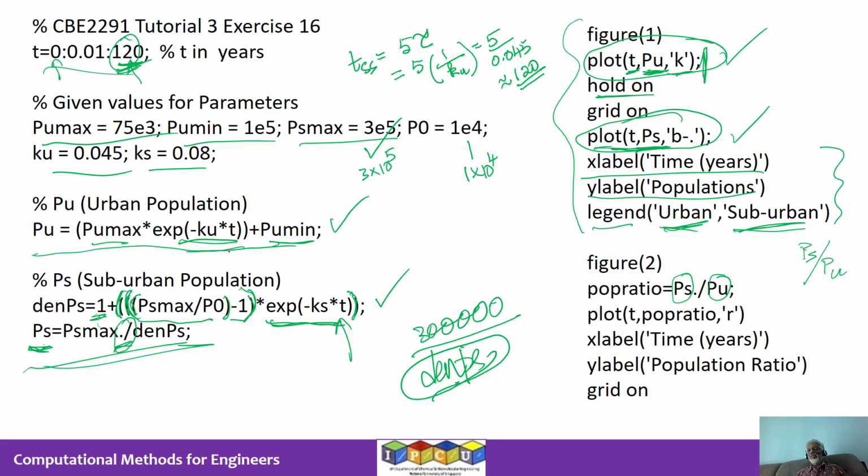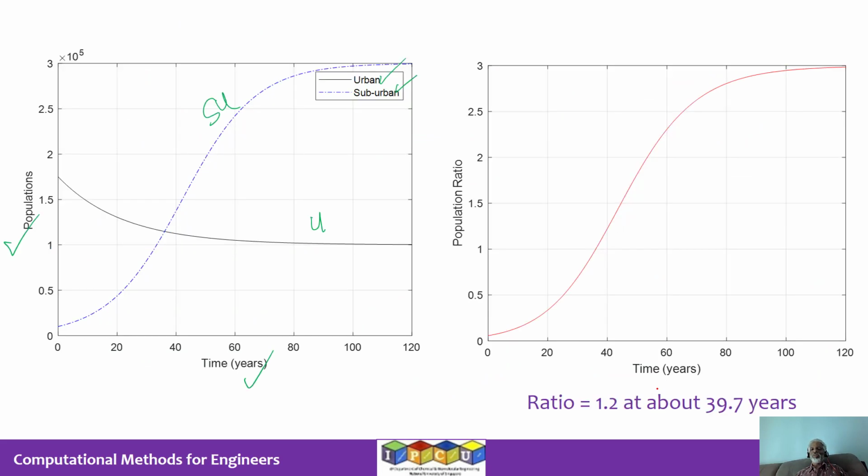It's clear and easy. So once I've calculated pop ratio, I'm plotting population ratio versus time in red color. And of course, I'm using xlabel, ylabel appropriately, and I'm using grid on to just be able to see what's going on. So when I do that, I get this plot. All right. So please note the S-shaped curve of the suburban population.